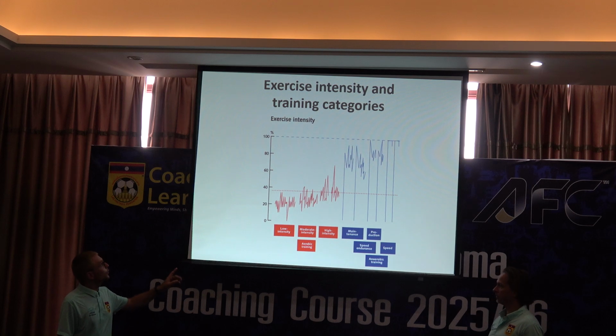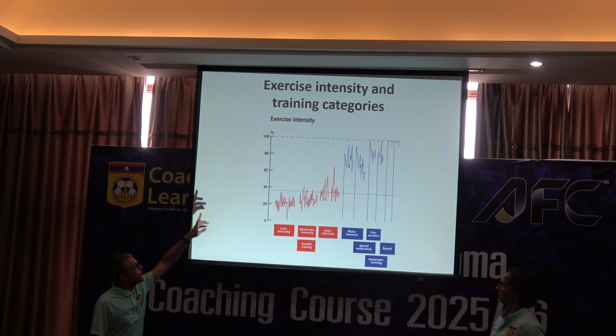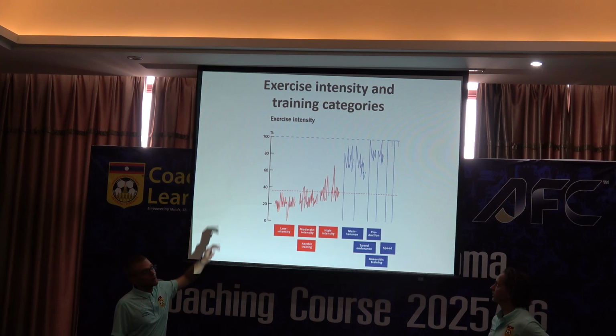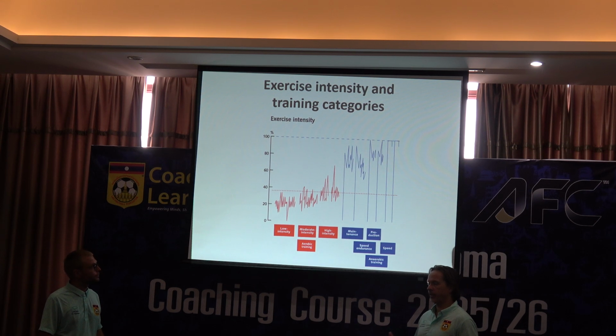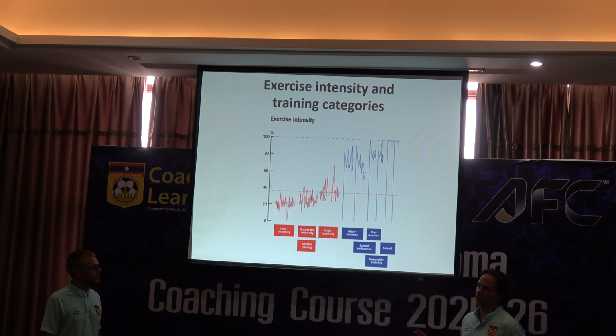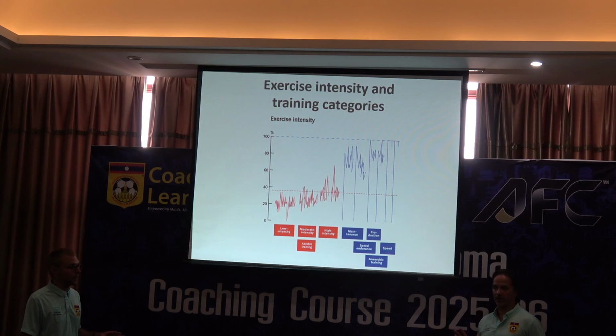This is 100% of intensity. So this is not heart rate based. This is based on running speed or effort. This is not about the respiratory system, it is about speed.